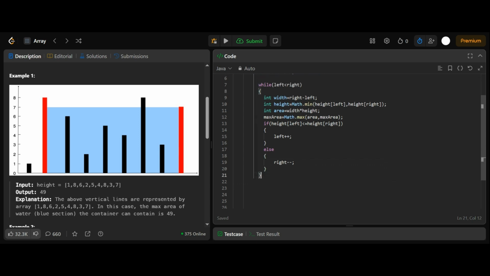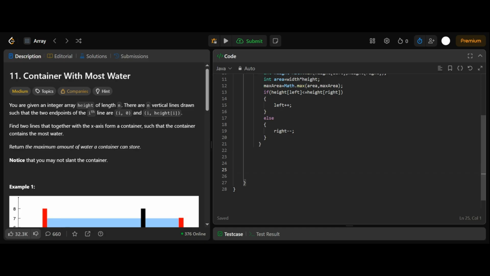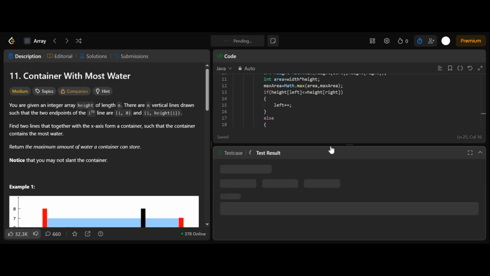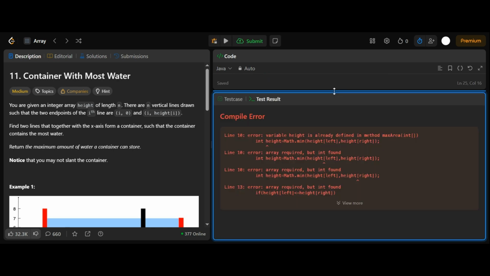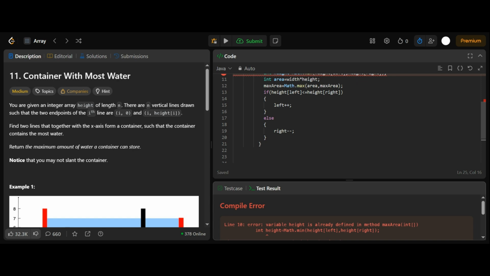So after the while loop, you can return the maximum area. Height already defined.